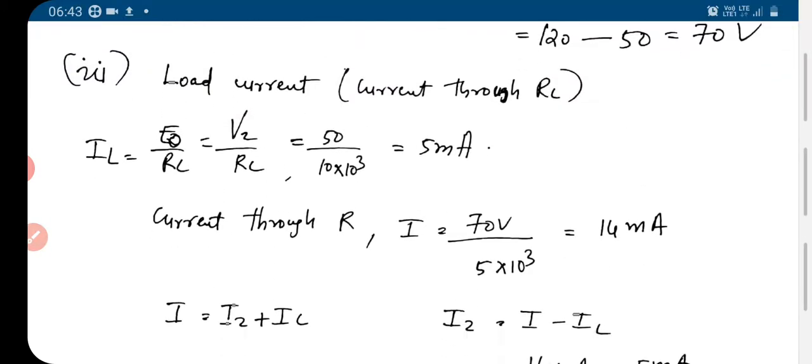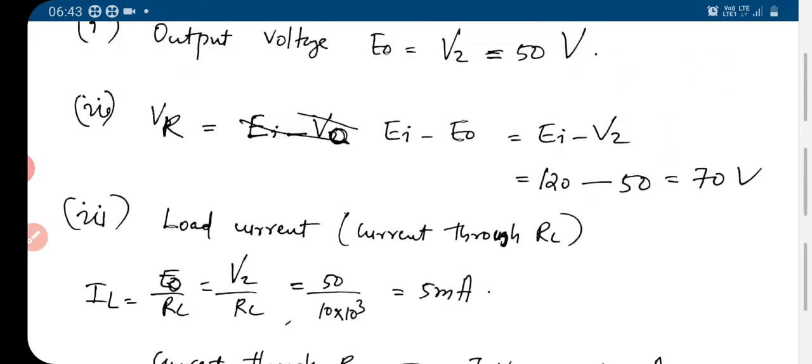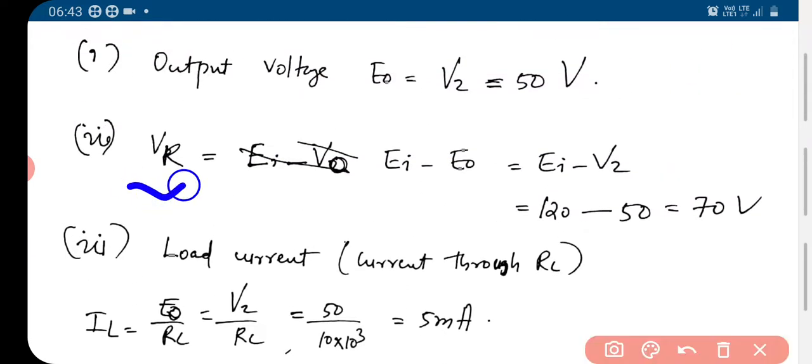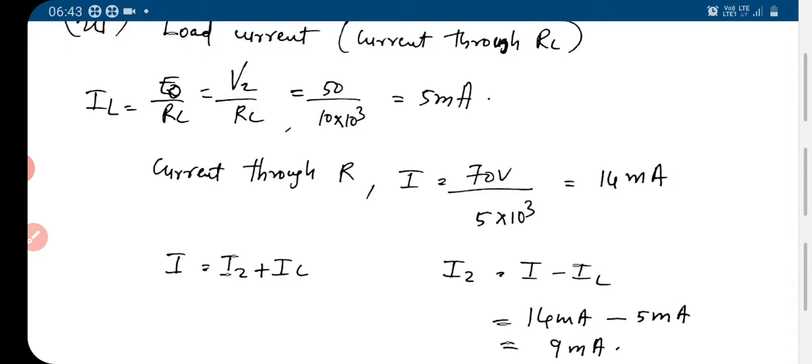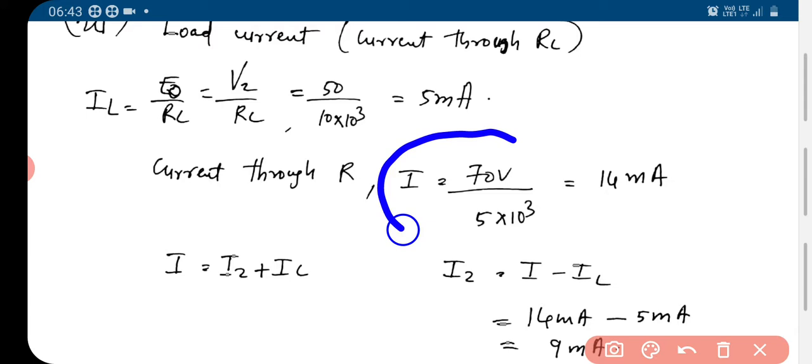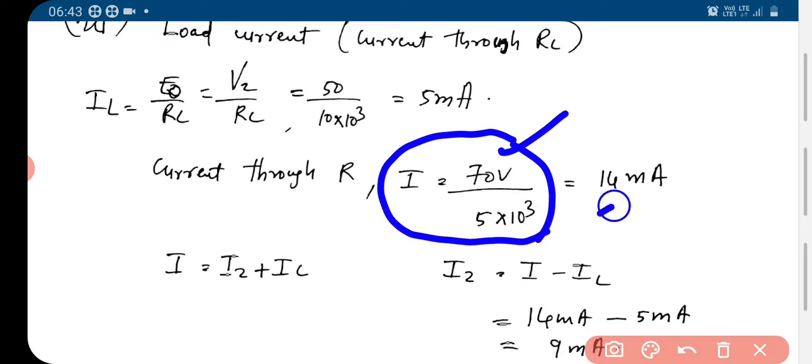Current through R. Since the voltage drop across R that we have found is 70 volt, and the series resistance is 5 kilo ohm, if you divide this 70 volt, the voltage drop across the series resistance, by its resistance, you will get 14 milliampere.